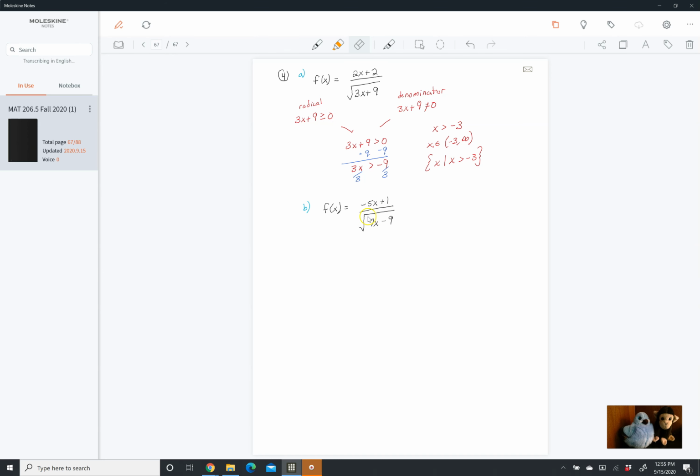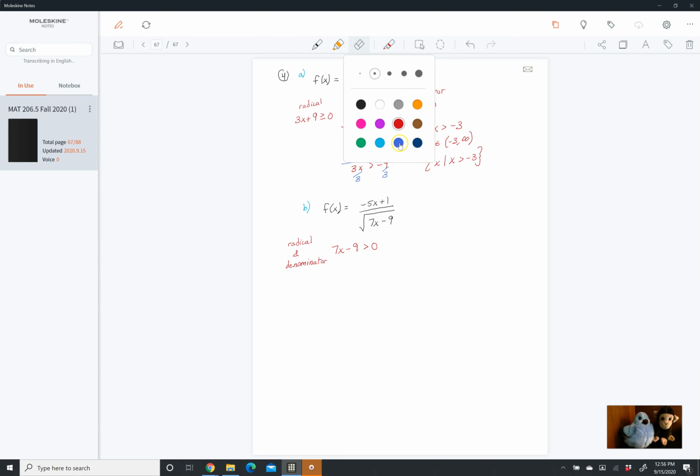And for the denominator, we're saying, okay, but 7x minus 9 actually can't be 0. So instead of putting in greater than or equal to, we're just going to combine these and say 7x minus 9 must be greater than 0. That's putting in the not equal simultaneously, because this has a radical and a denominator, and the radical is in the denominator.